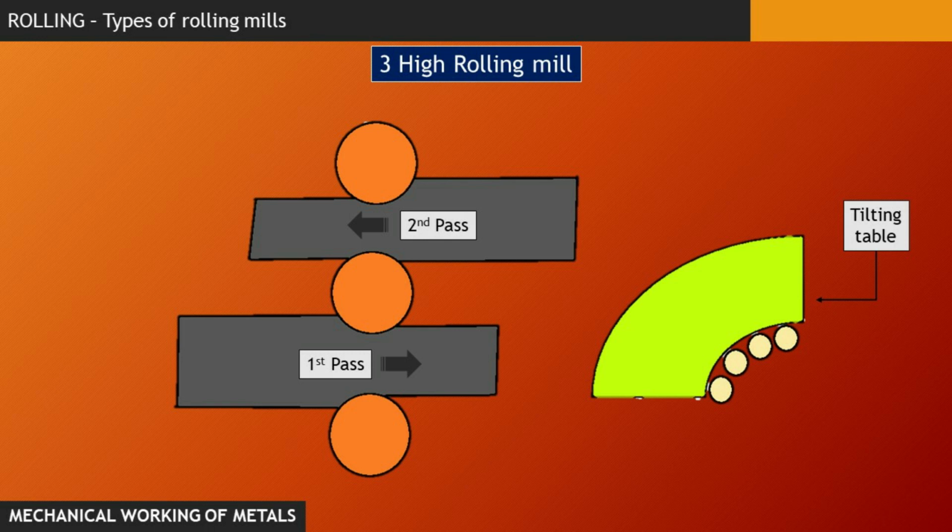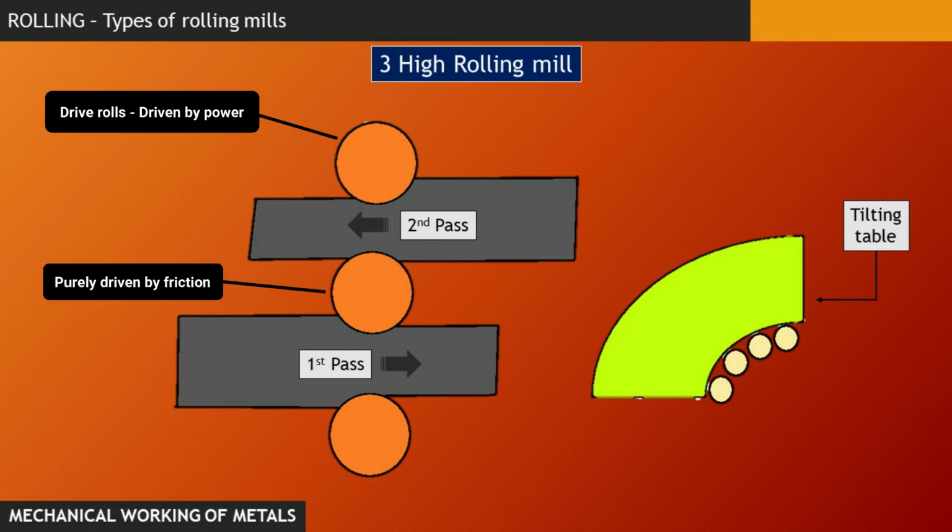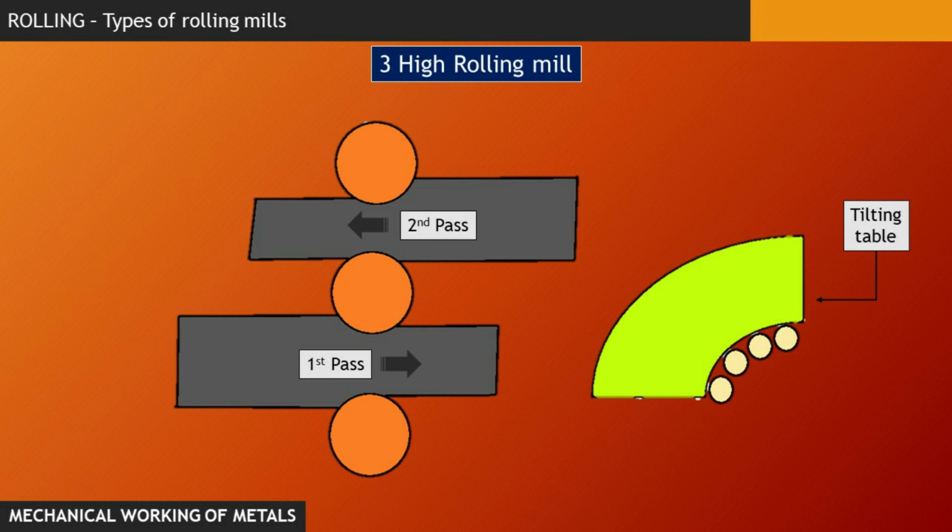In these kinds of mills, the top and bottom rolls are drive rolls, which are actually driven by power supply. However, the middle roll is rotating purely by friction. This kind of mill is employed as a blooming mill for billet rolling and finish rolling.